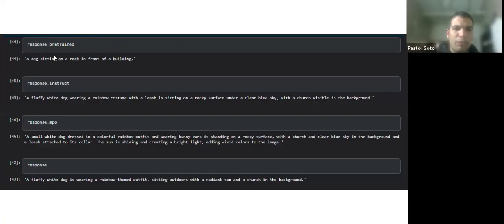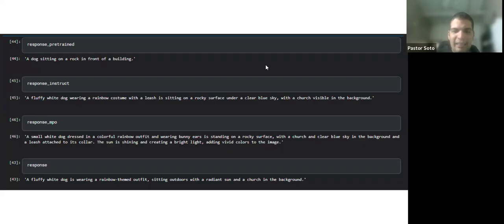This is the response of pre-training, and you will see the picture I'm referencing later. But just keep in mind the different types of response. This is a dog sitting on a rock in front of a building, and the instruct model, which is the next stage that they did, says a fluffy white dog wearing a rainbow costume with a leash sitting on a rock surface under a clear blue sky with a shore visible in the background.